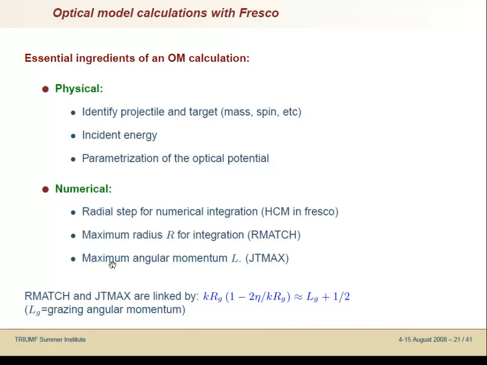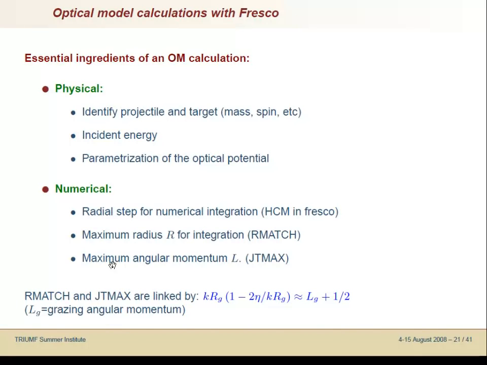Also, the integration, as Filomena also said, has to be done up to a sufficiently large distance in order that we can get properly the S matrix. So this means that we have to go well beyond the range of the short-range potentials. We can never avoid the Coulomb potential. It will be there irrespective of the distance that we integrate, but we have to make sure that we are well beyond the nuclear interactions.